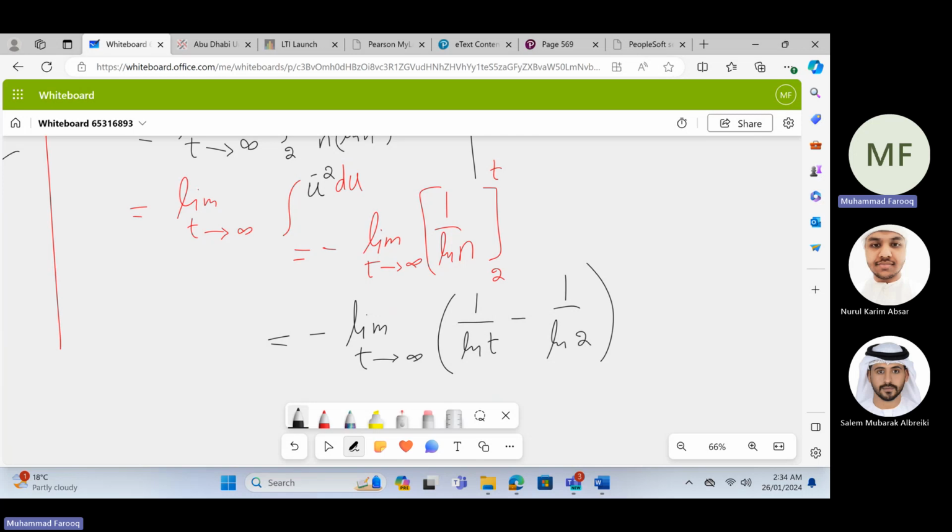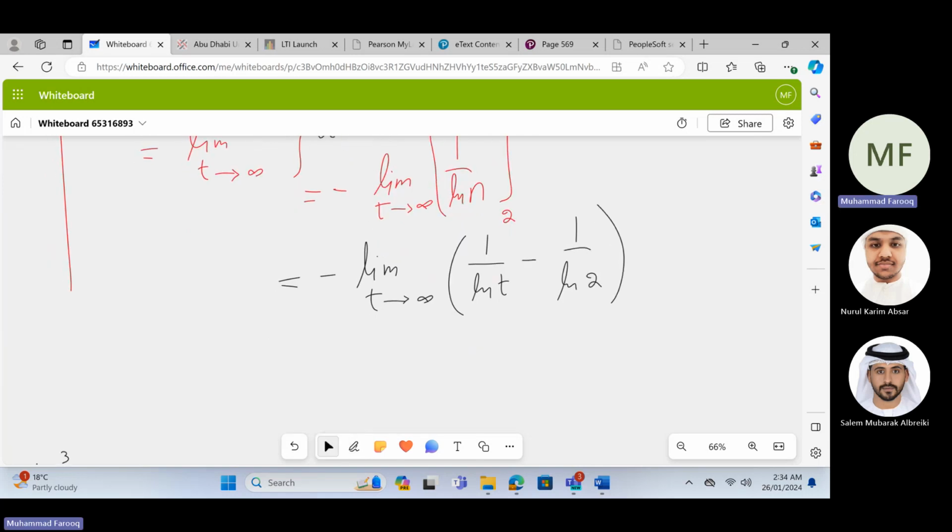Now you have the negative sign. What does t take? Look at it: ln of infinity, 1 over infinity, zero. So this portion, 1 over infinity, becomes 0.